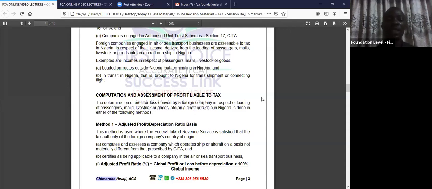Adjusted profit simply means, when you have your net profit, you adjust it. Let's say you are given a net profit in that statement of account. A lot of things have been deducted. Some of them are allowable for taxation purposes. Some are not allowed for taxation purposes. For example, we have depreciation.